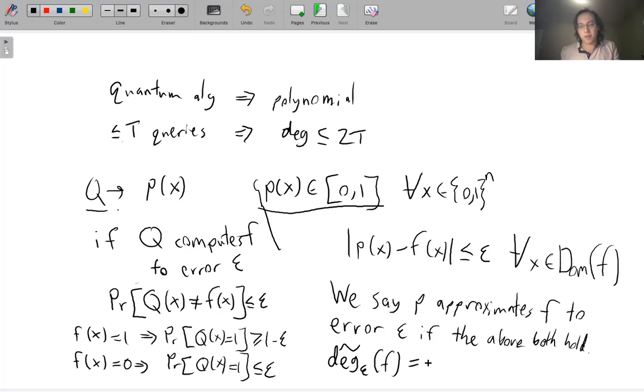This is going to be defined as the minimum degree of a polynomial P which approximates F to error epsilon.